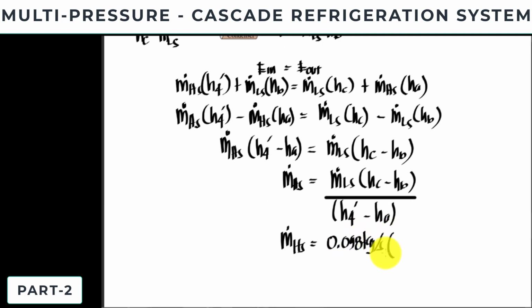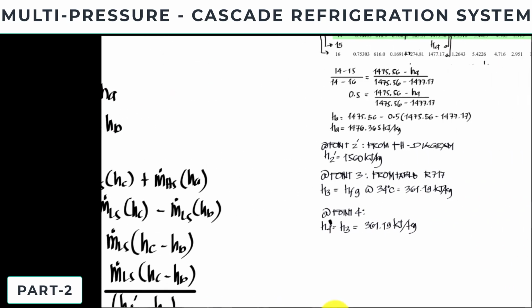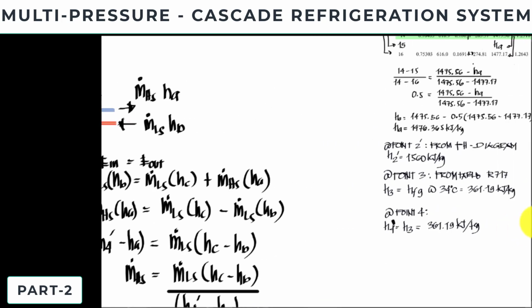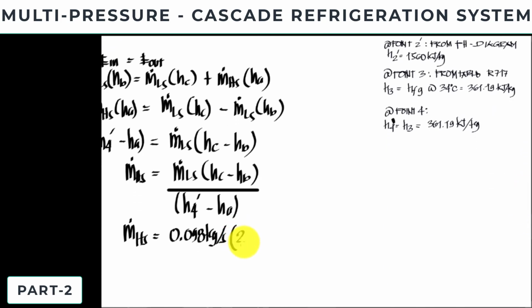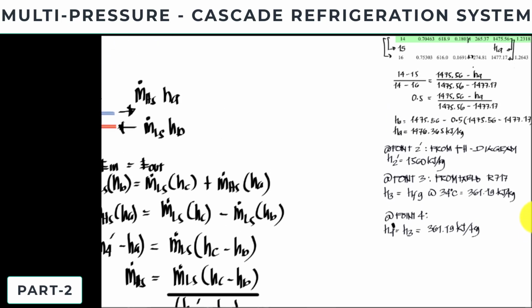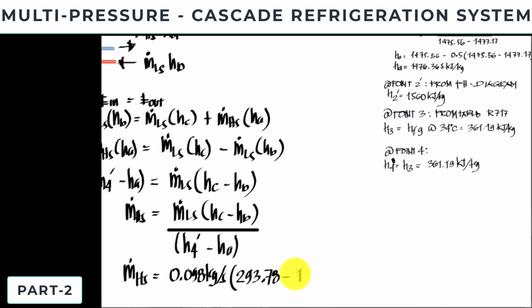Then multiply it by the value of enthalpy C. So for the enthalpy C, referring sa ating data na nakuha, that is 293.78. So minus yung enthalpy B naman, value ng enthalpy B, that is 1605. So this is kilojoule per kilogram.